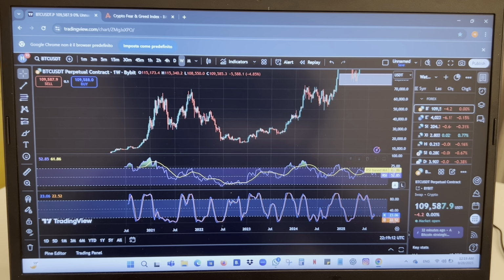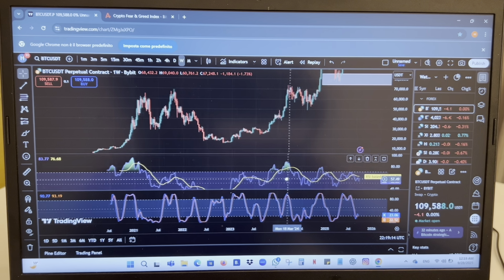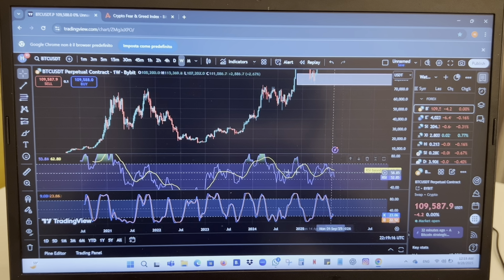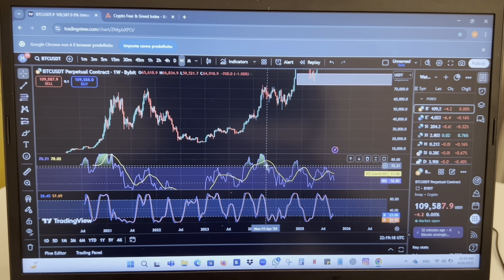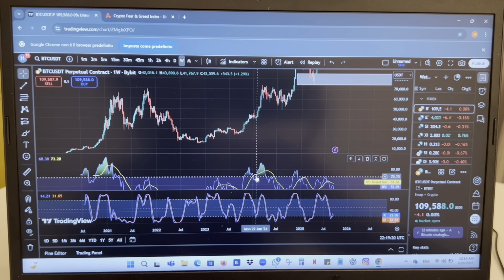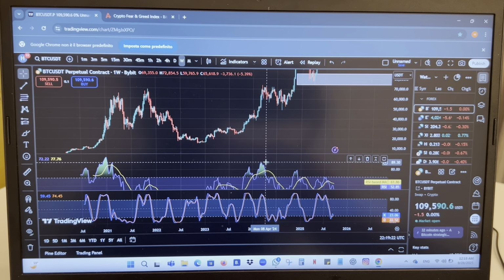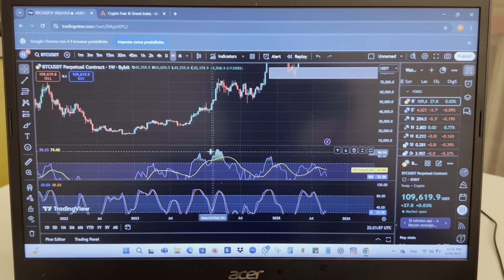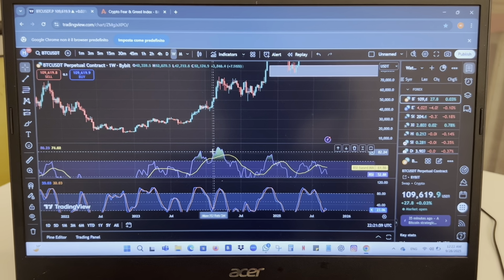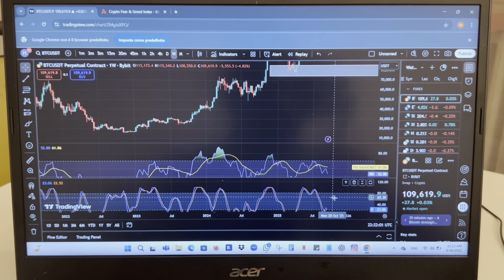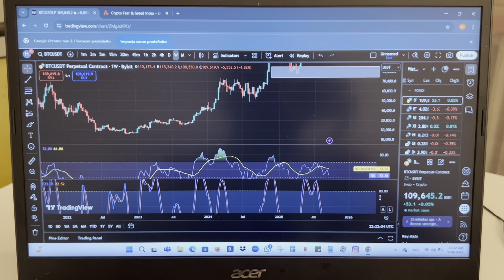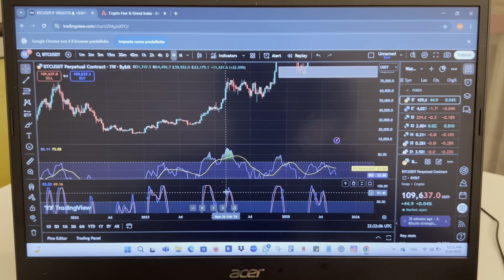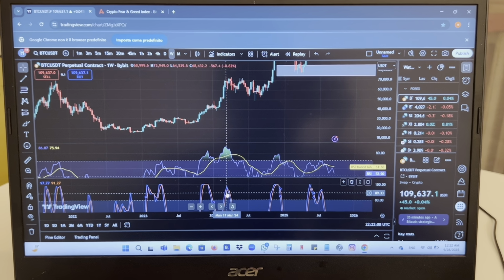And as I told you guys before, even though here it says the coin has been overbought, there's only one entry point over here saying that you should sell from here. But when you look at the stock RSI, there are two optimal selling points.